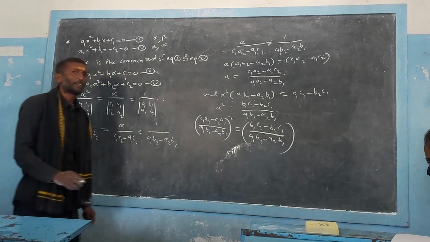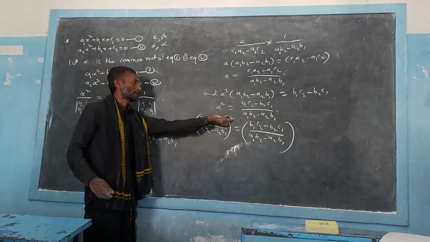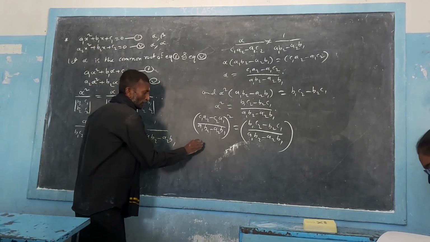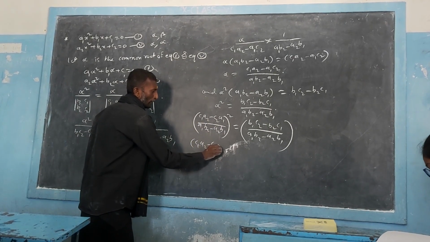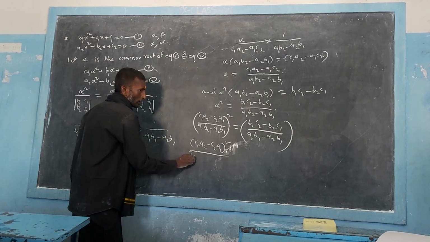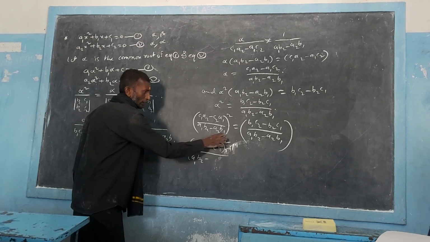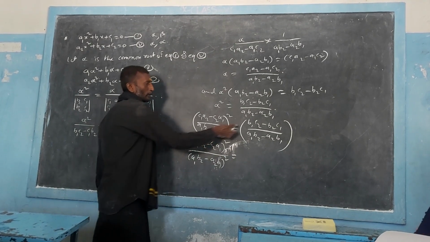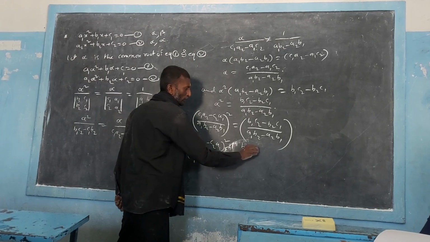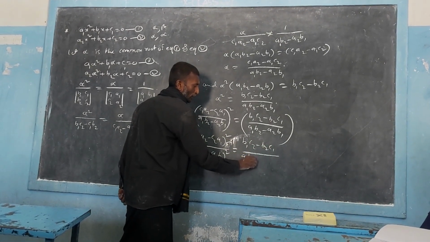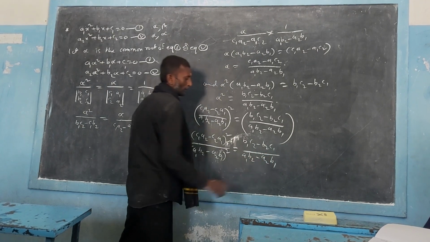If I write like this, take the square of both the numerator and denominator separately. So you get C1 A2 minus C2 A1 whole square by A1 B2 minus A2 B1 whole square, equal to B1 C2 minus B2 C1 by A1 B2 minus A2 B1.